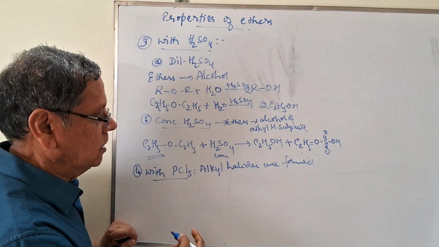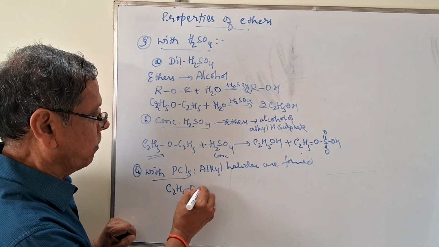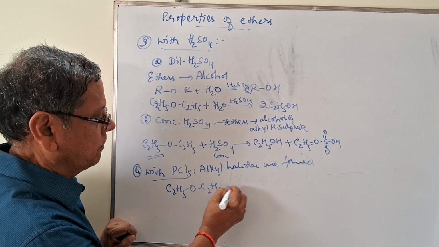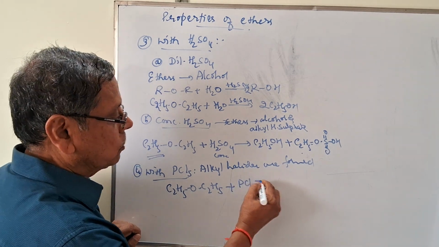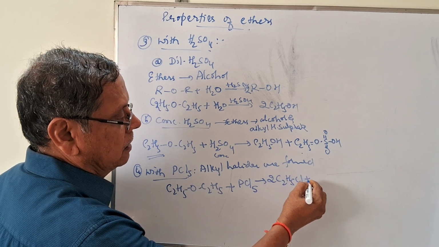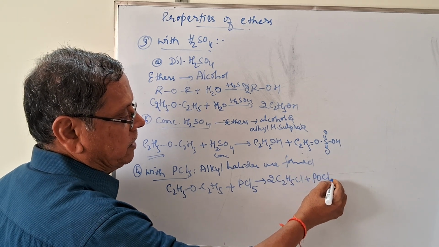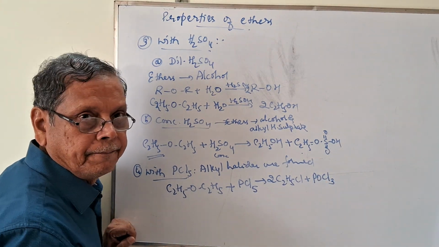That's why we will get these alkyl halides. Say for example, if you take this C2H5OC2H5, again same example. When you treat this with PCl5, we will get two molecules of C2H5Cl and this oxygen is taken up by the phosphorus to give rise to POCl3, phosphorus oxychloride.